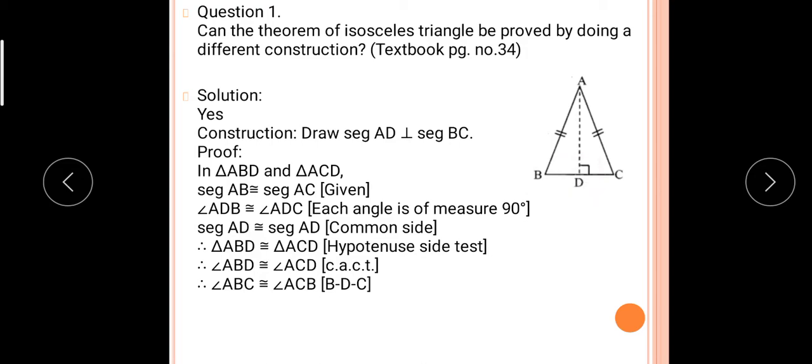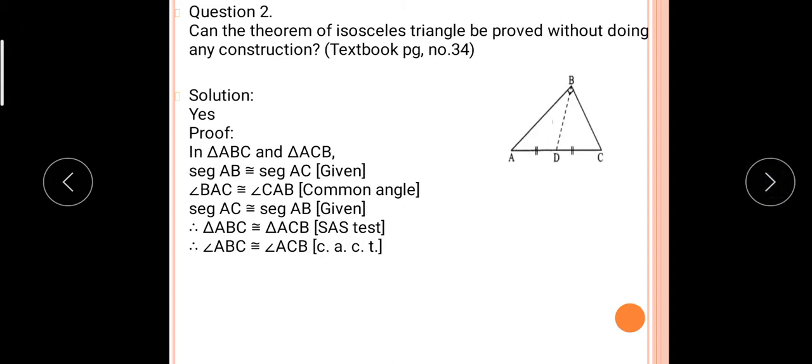So triangle ABD and triangle ACD are congruent by the hypotenuse side test, or you can write the RHS test, and therefore angle ABC is equal to angle ACB. Before, we saw it by the angle bisector, that is the SAS test we proved, and this is another different method to prove the theorem of the isosceles triangle.